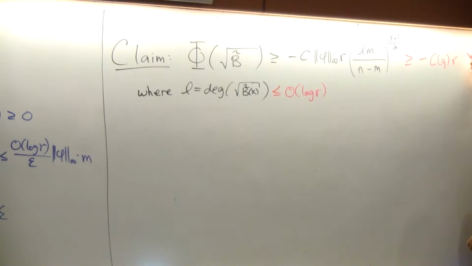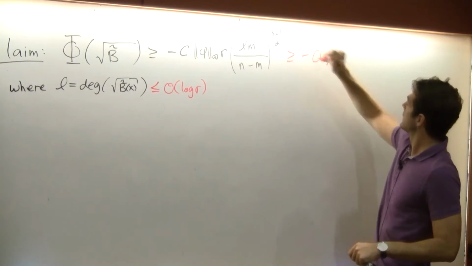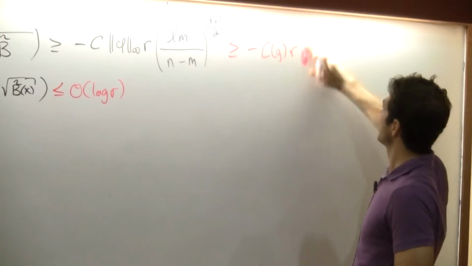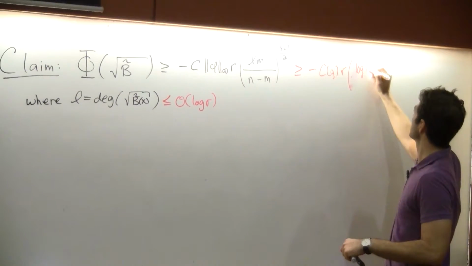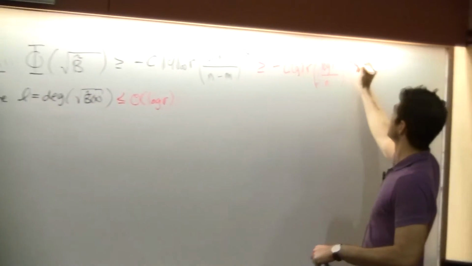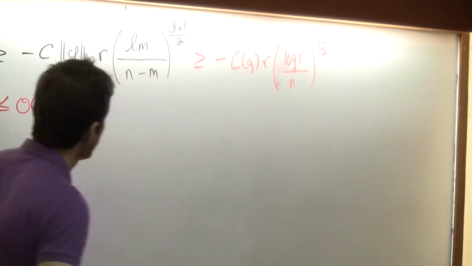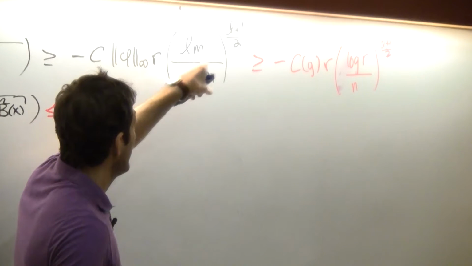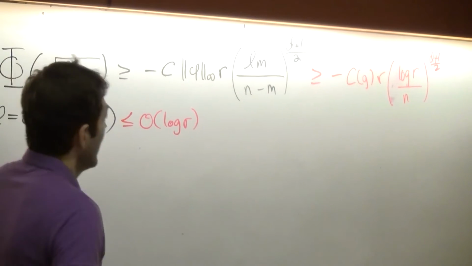So we just get r times n to the, there's a log r, which is not just depending on g, log r over n to the d plus 1 over 2. That's what we get here. So I just got rid of the m's and replaced them by a constant depending on g. It was a constant inside the exponent, but the exponent only depends on g, so I can move it to a constant outside the exponent.